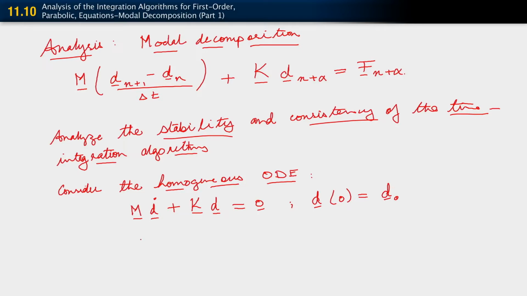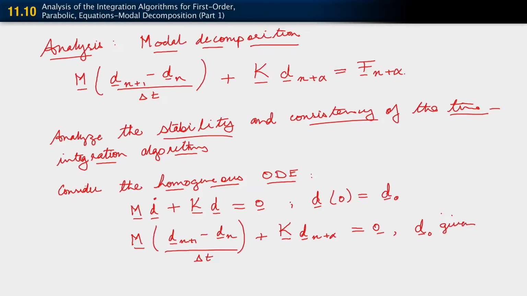And the time discretized version of it is what we've written up here: M times d n plus 1 minus d n divided by delta t, plus K d n plus alpha, equals 0, with the initial condition being given.